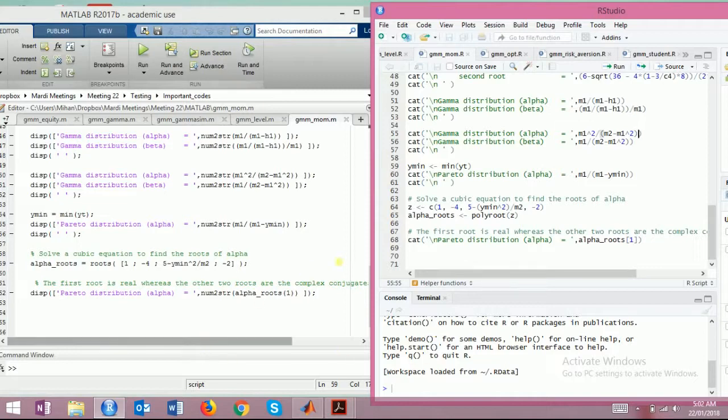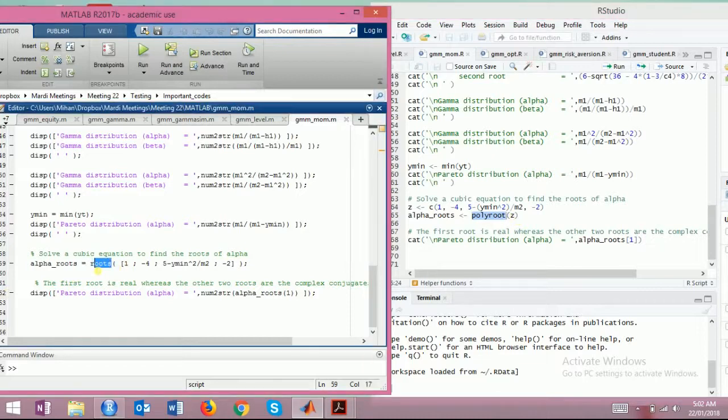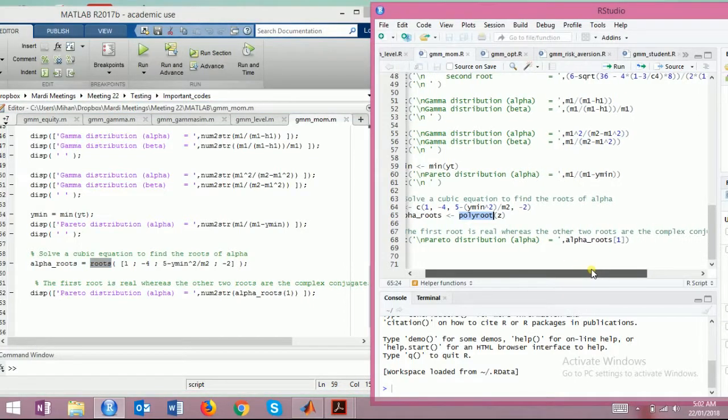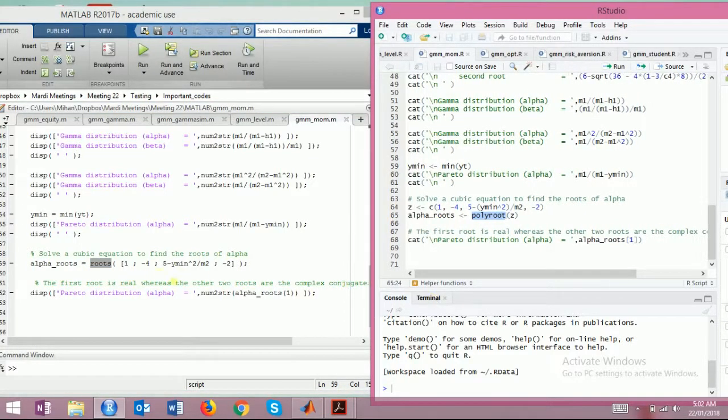In R, first we create the column with the numbers of interest, then instead of the roots function we have polyroot. So roots in MATLAB, polyroot in R, both give us the roots, and that's all. The first root we have is the alpha roots.